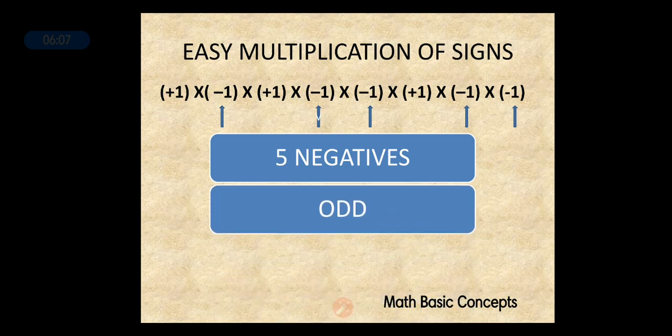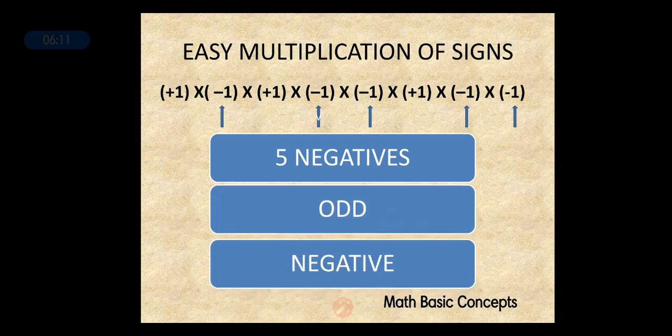Now 5 is an odd number. So if we get an odd number of negatives, the answer will always be negative. So finally we get the answer minus 1, because 1 multiplied by 1, however many times, we'll get 1. And when we multiply the signs, we get negative, because 5 negatives are there. It is odd, so the answer will always be negative.